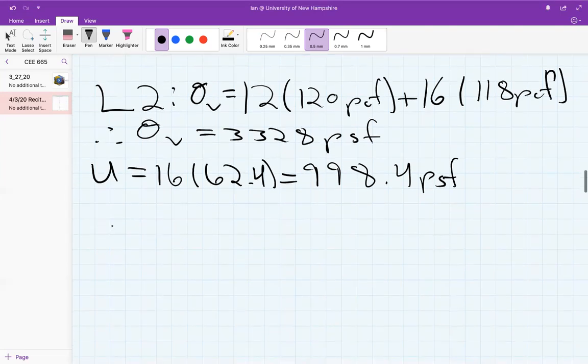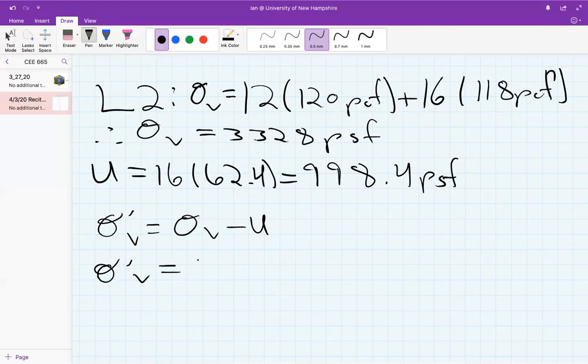So now we're just going to use what we have and calculate our effective stress, which we all know will just be the total stress minus the pore water pressure. So to get this, we get effective equals 3328 minus 998.4.